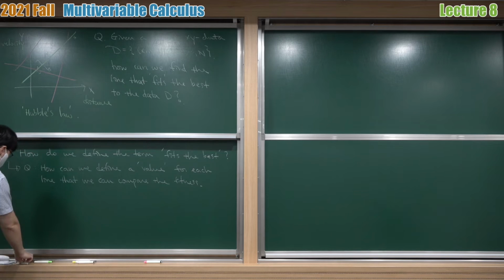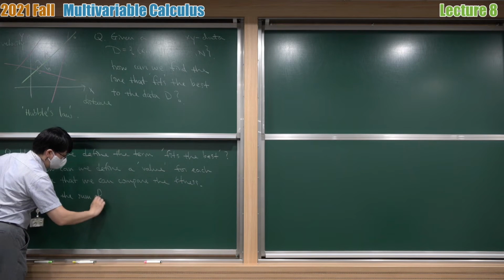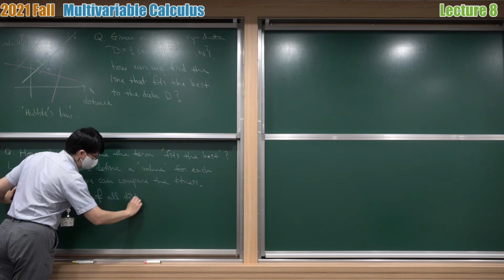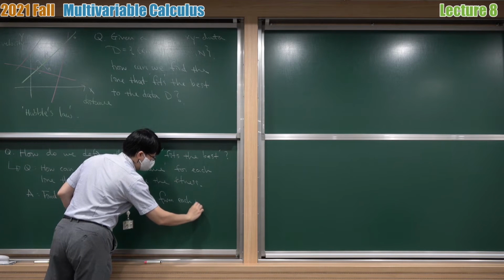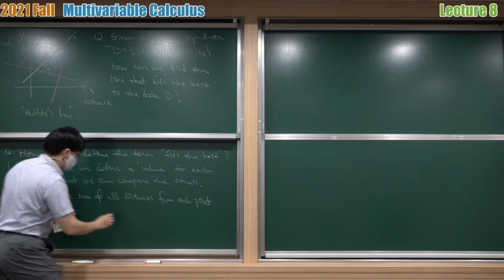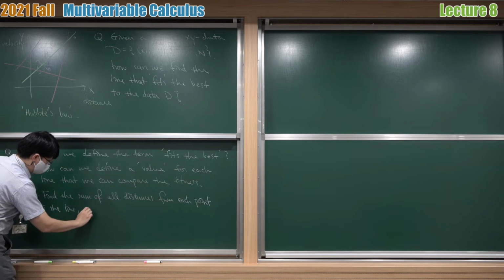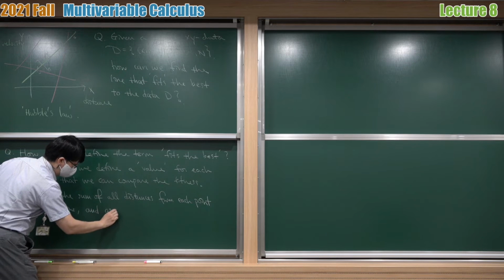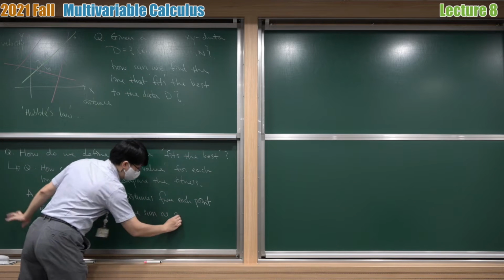So here's our answer to this sub-question. Find the sum of all distances from each point to the line and assign the sum as the value.